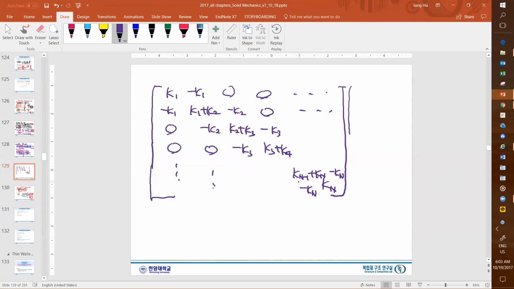And here we have Phi1 in this row, and in the second row we have Phi2, and so on.